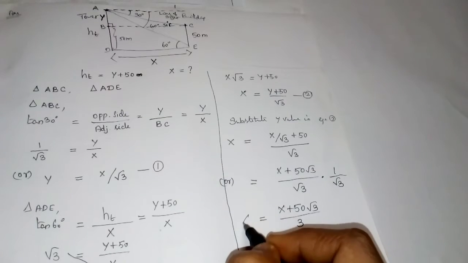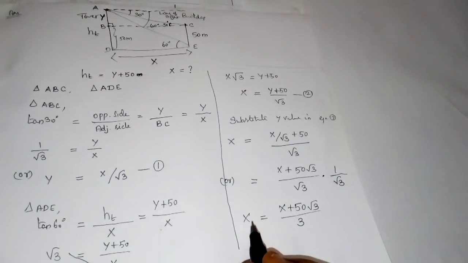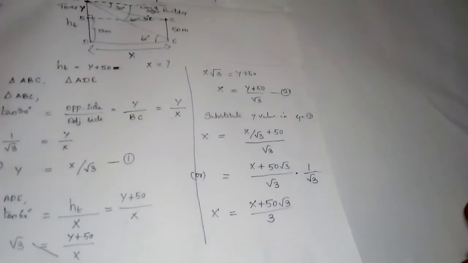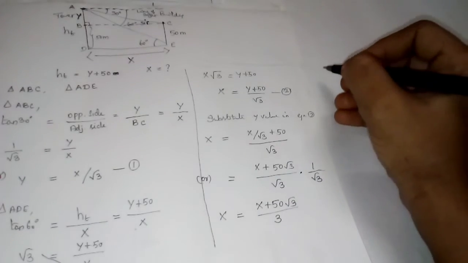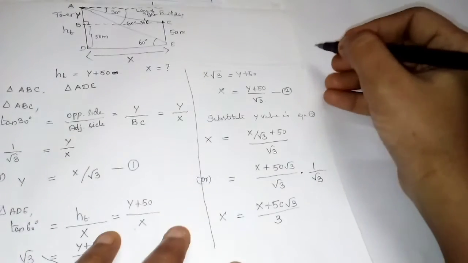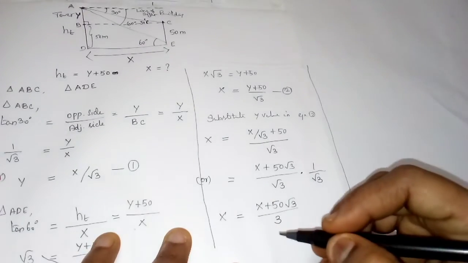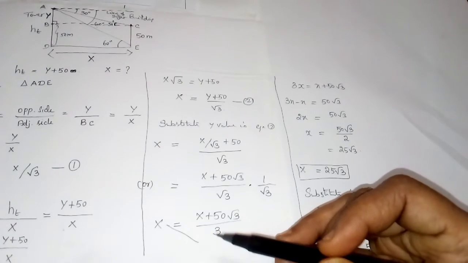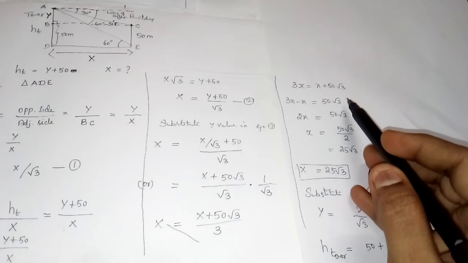Cross multiplying, you will get 3x is equal to x plus 50 root 3.